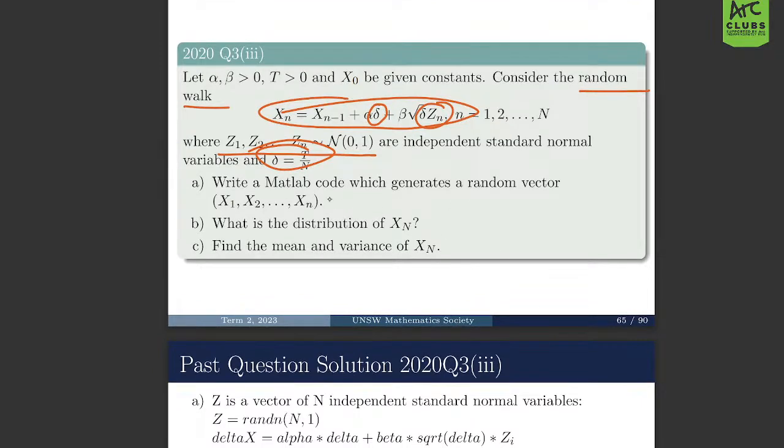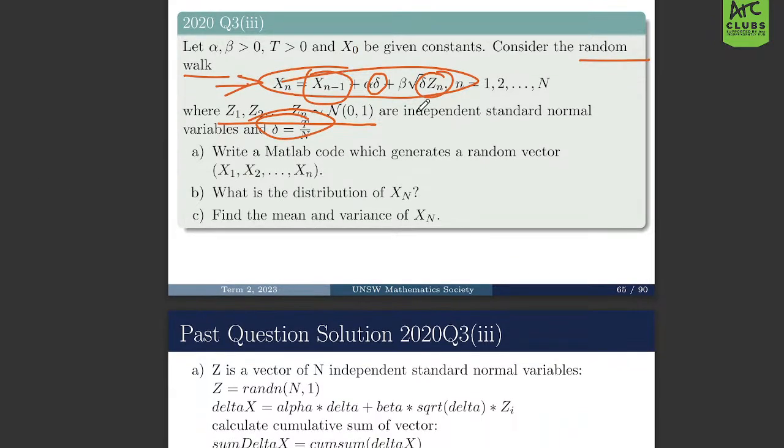So now moving on, we want to firstly write a MATLAB code which generates the random vector of the X, and we see that X1, X2, X3 really just follow on from this equation. If we want to calculate, for instance, X2, then we would require the previous step, which is our X1, to do that. And to give you all of these, we have to start with something that we know.